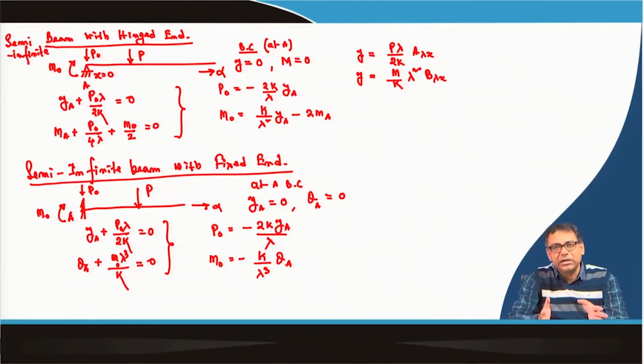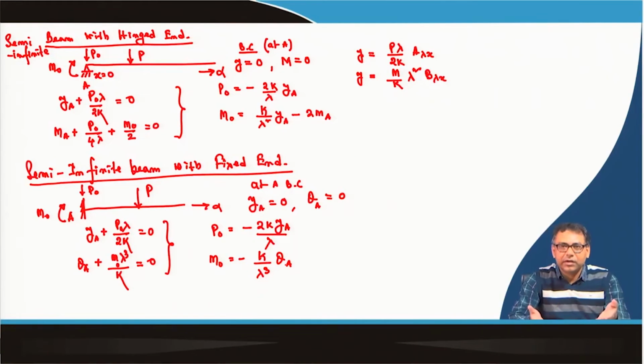For any loading condition you can determine the deflection or the bending moment or shear force or the slope, but here I have derived for concentrated load, but that can be any loading condition, and the equations I have already given. So, at any loading conditions you can derive the equations of P0 and M0 for different boundary conditions by the same procedure that I have discussed for the concentrated load P.